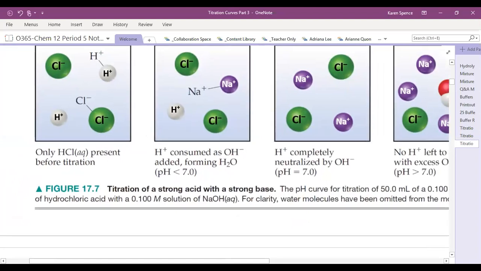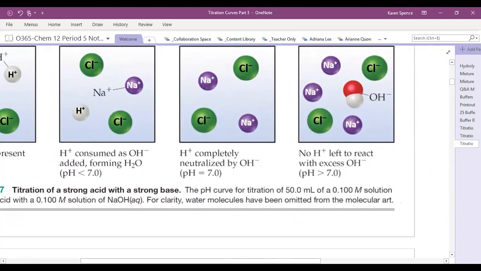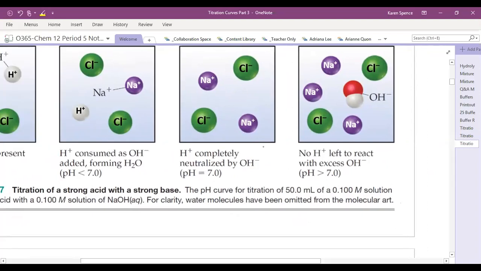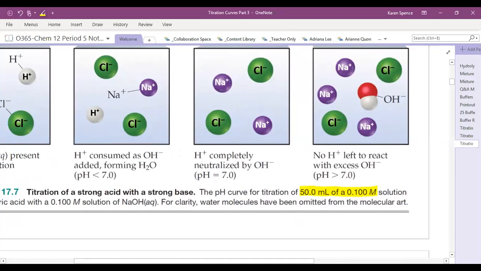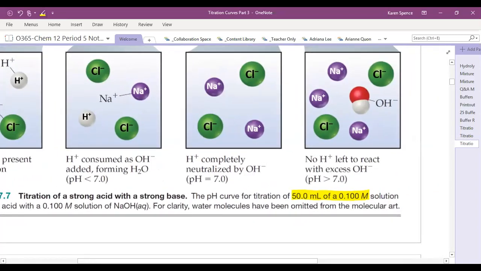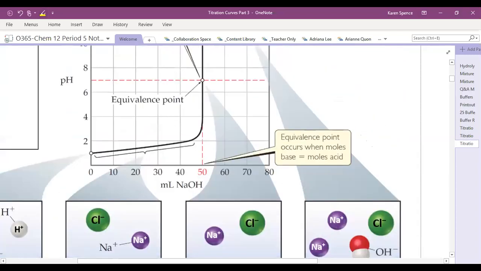It is the titration of 50 milliliters of 0.1 molar solution of hydrochloric acid with 0.1 molar NaOH.